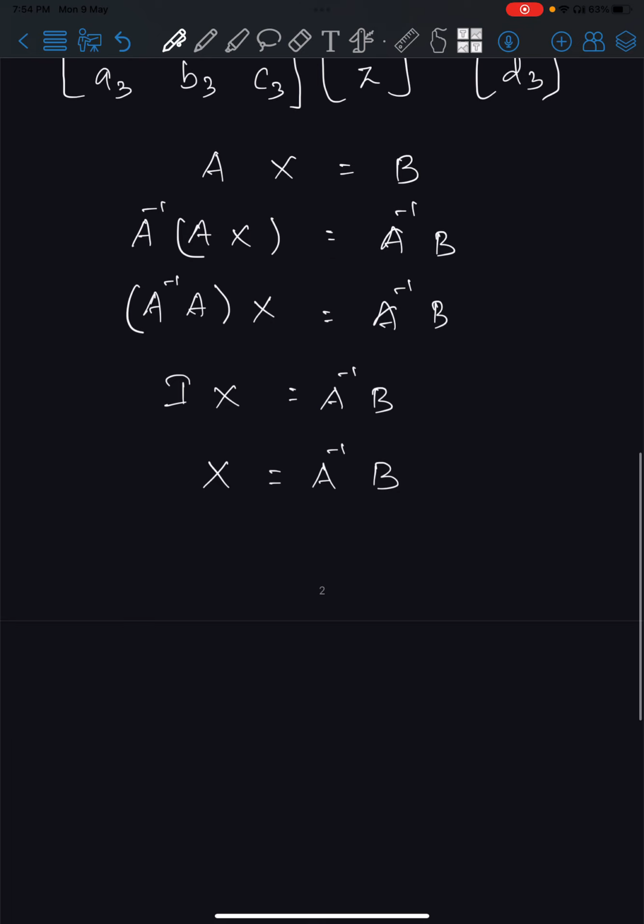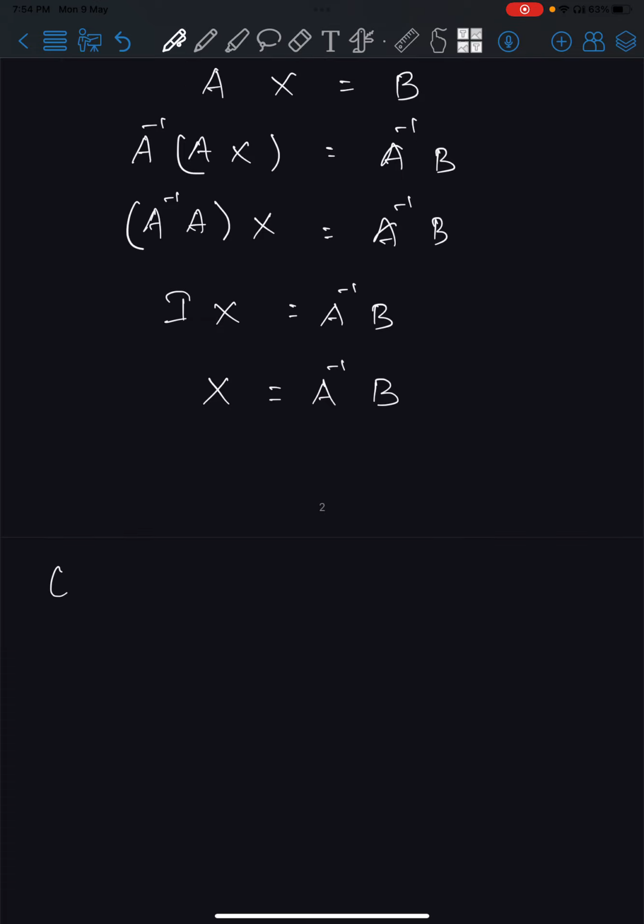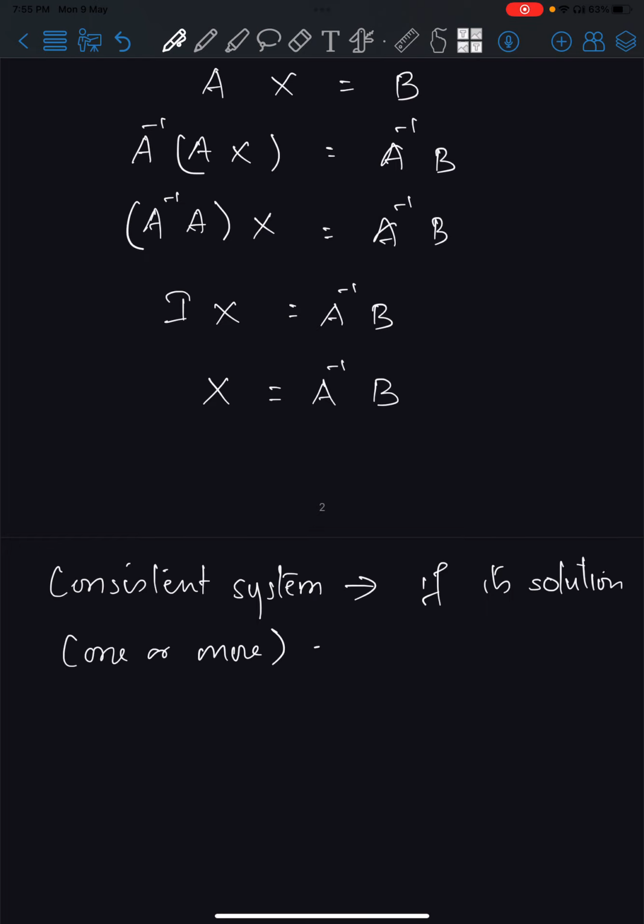Now, here we have some different cases, and we need to examine the consistency of the system of equations. So what do you mean actually by a consistent system? The system of equations will be consistent if its solution, it can be one or more, exists.